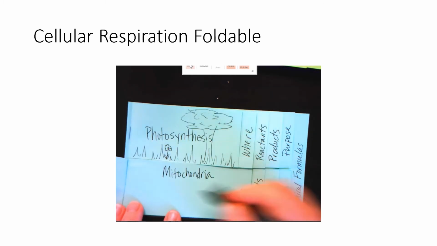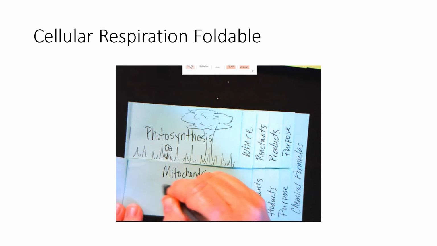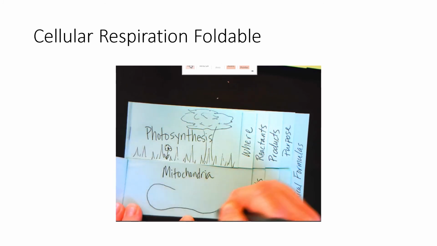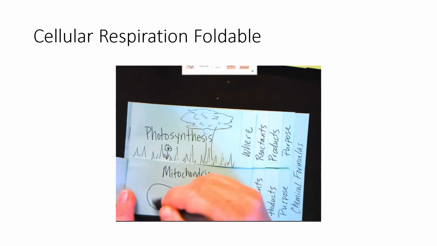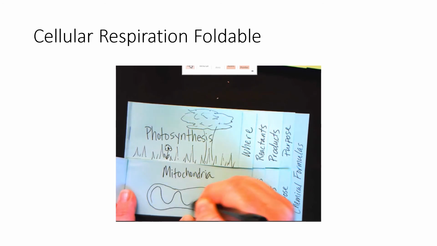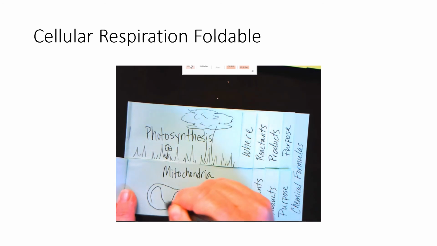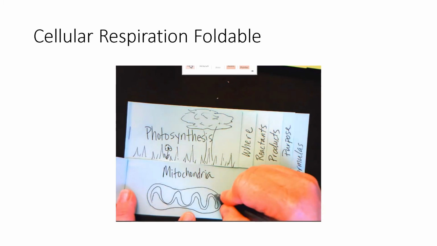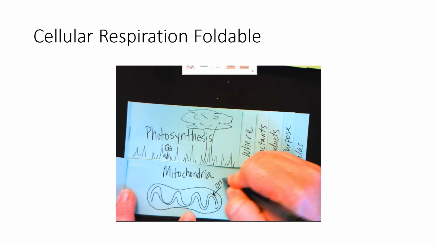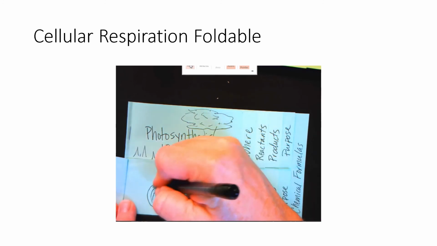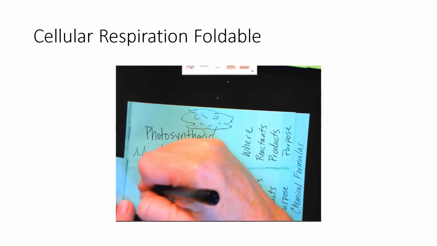And the mitochondria looks a little bit like a peanut, and it has this membrane folded all inside of it. Looks kind of like that. I'm a really bad drawer. The actual membrane that's folded up inside is called a cristae. And the spaces in between are called a matrix.